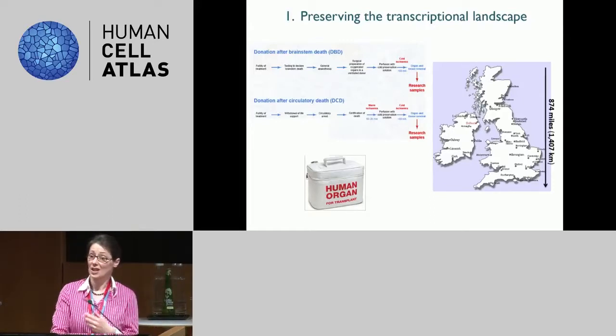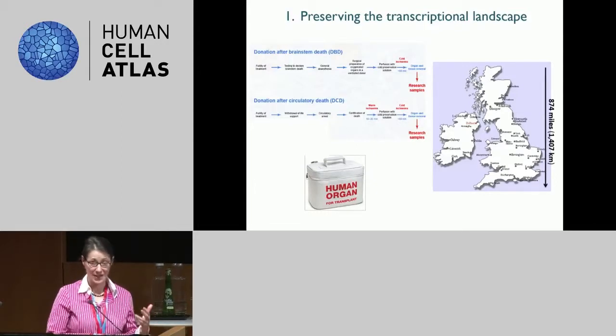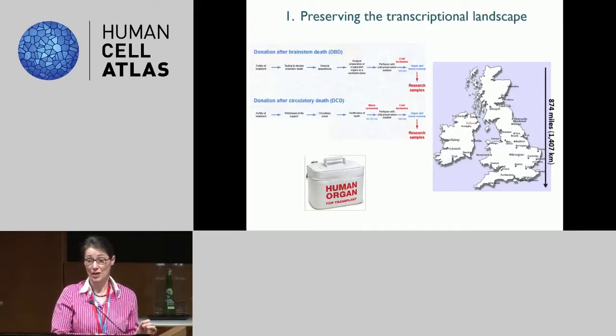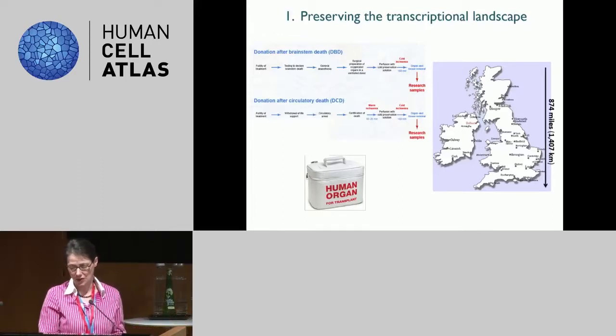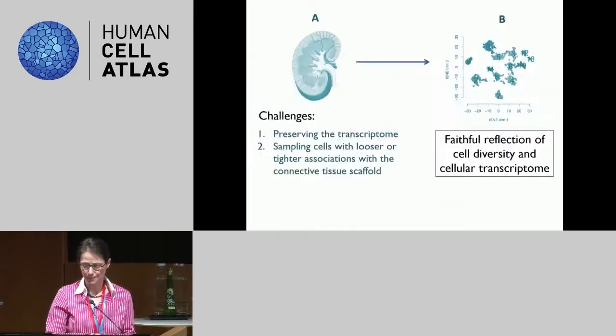Traditionally, clinically, what we've done to preserve the state of those organs is to flush them and then transport them on ice. And we know that's effective in the basic pragmatic clinical sense, in that we transplant organs that have been stored for up to 24 hours and they still work in individuals afterwards. But how this affects the transcriptome of cells isn't very well characterized, and that's another area we need to address.